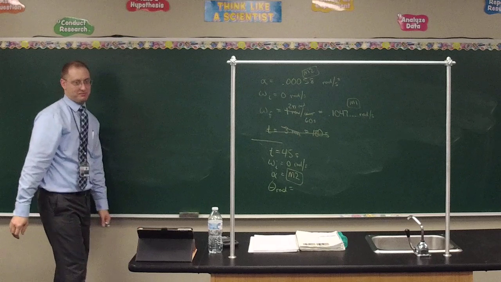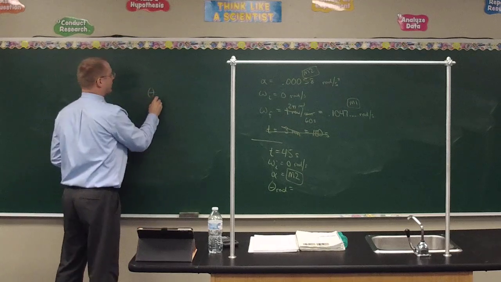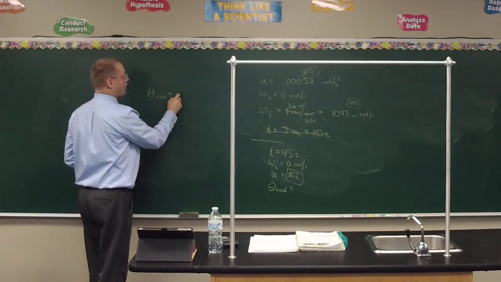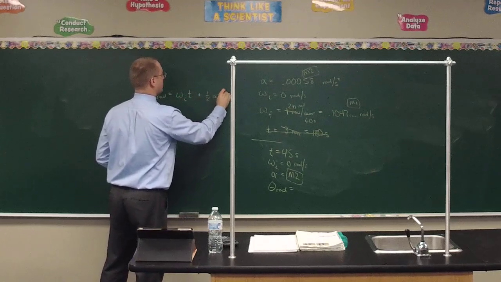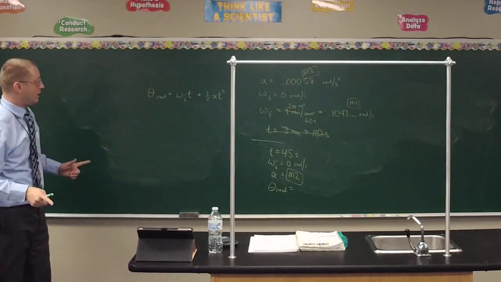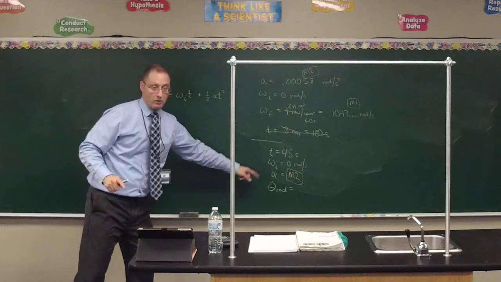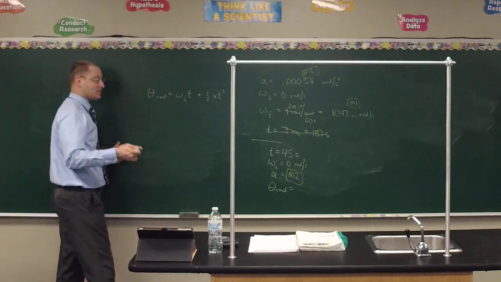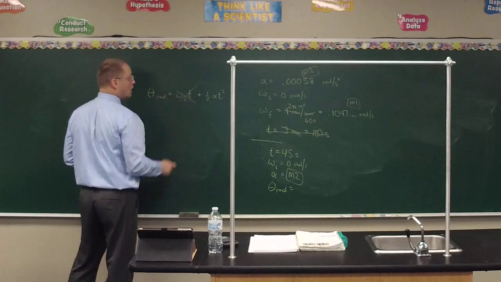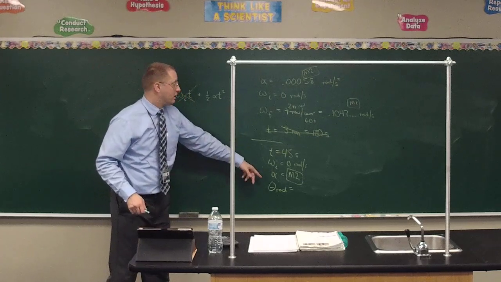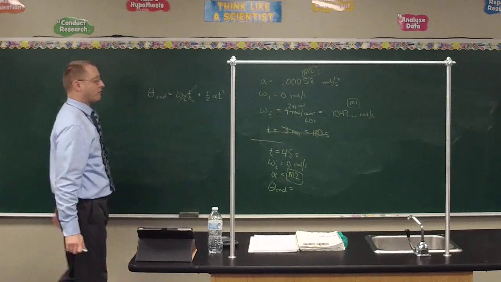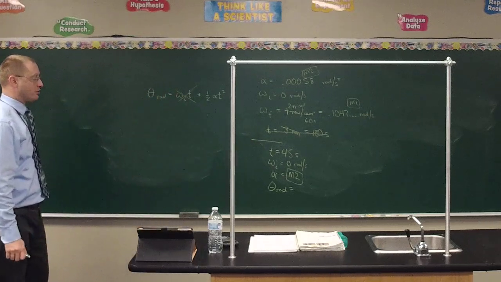The big ugly one, right? Theta in radians equals, say it with me, omega sub i t plus 1/2 alpha t squared. Now, saving grace, omega sub i is 0. So the whole first term, class, gone. So all I have to do is take half of my memory times time squared. Half of the memory times 45 squared.